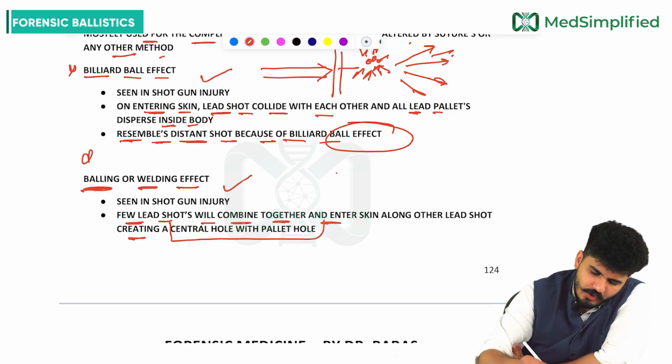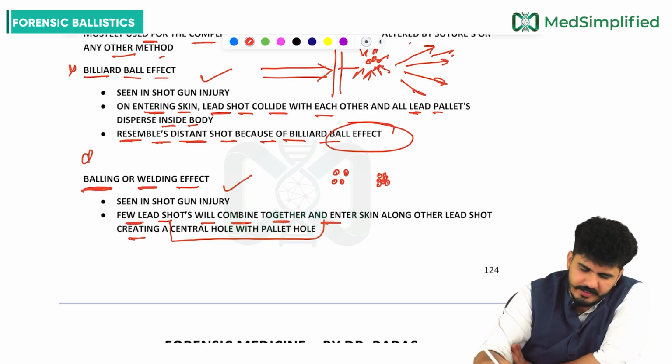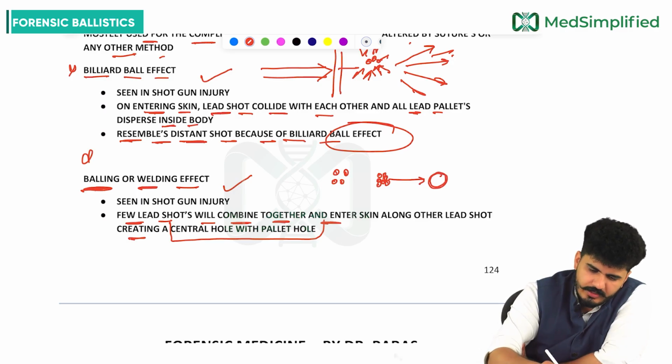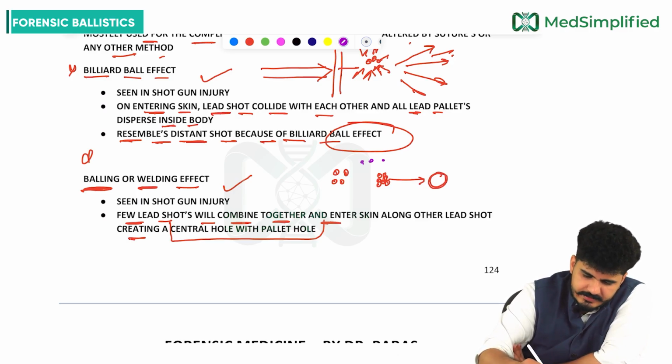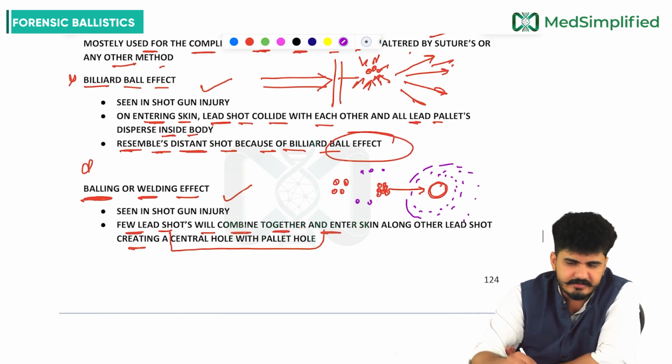The few lead shots combine together and look like this. They enter as a combo, so they will create a main hole, and the others, dancing here and there, will come like this. So a central hole with pellet holes would be there. This is the balling or welding effect.